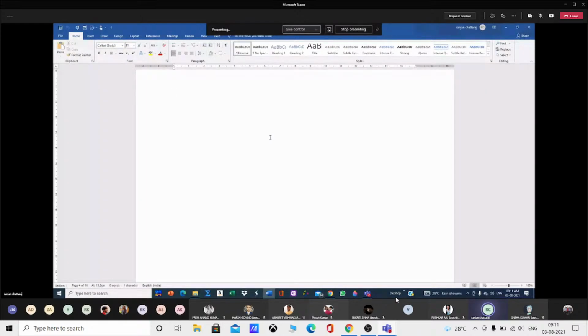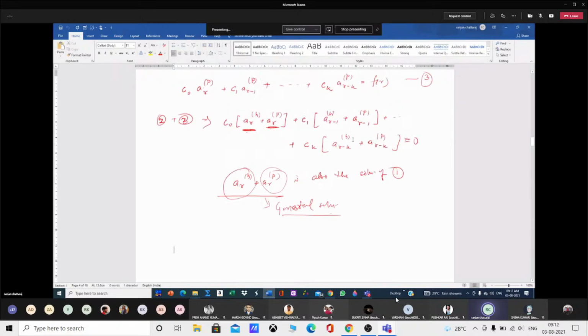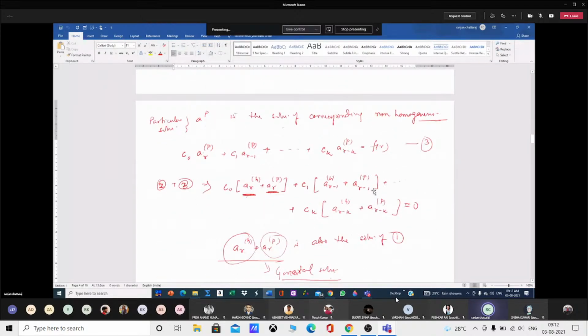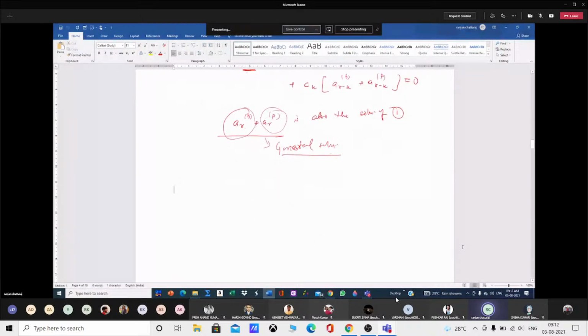Okay. Now let's start this topic. Previous class we have discussed this one. So what is the general form of the recurrence relations?